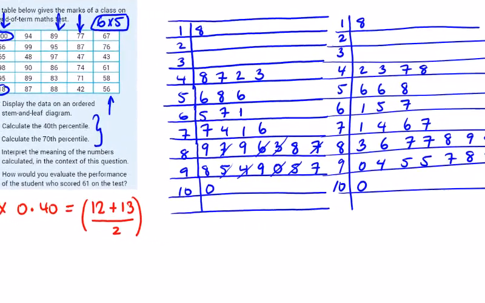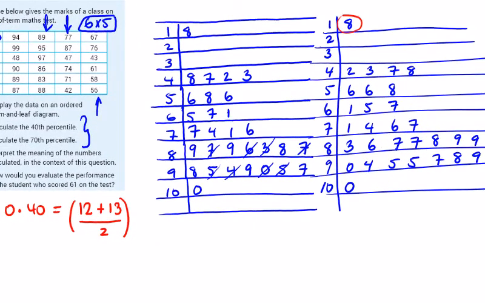So let's count up: 1, 2, 3, 4, 5, 6, 7, 8, 9, 10, 11, 12, 13. 1 and 4 is 5, so the midpoint is 2.5, so that's 72.5.